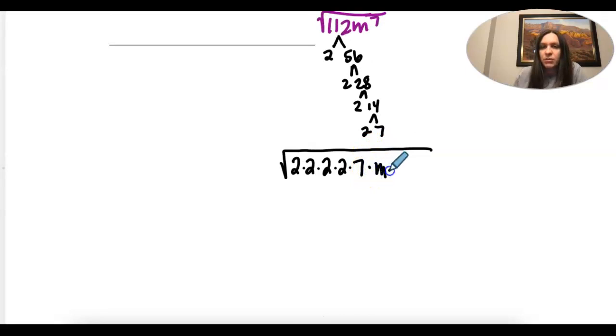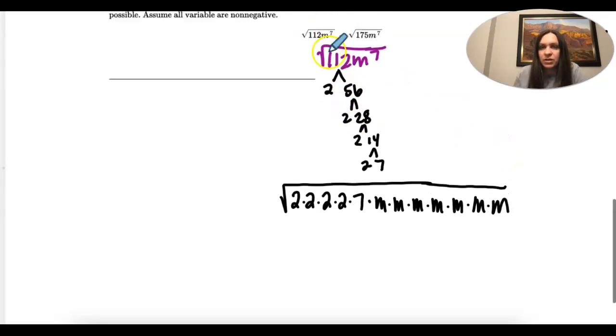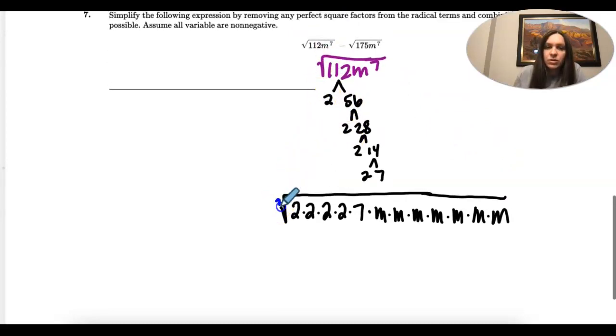So I'm just going to write them out. 1, 2, 3, 4, 5, 6, 7. And to simplify, we look for groups of 2, because that's our invisible index number. So I'm going to take a group of 2's and bring 1, 2 out. Group of 2's and bring 1, 2 out.